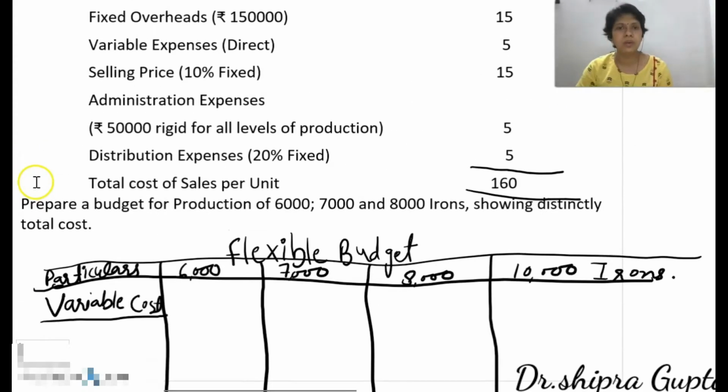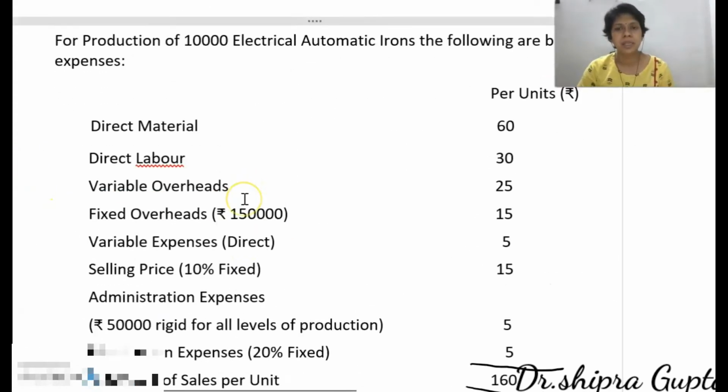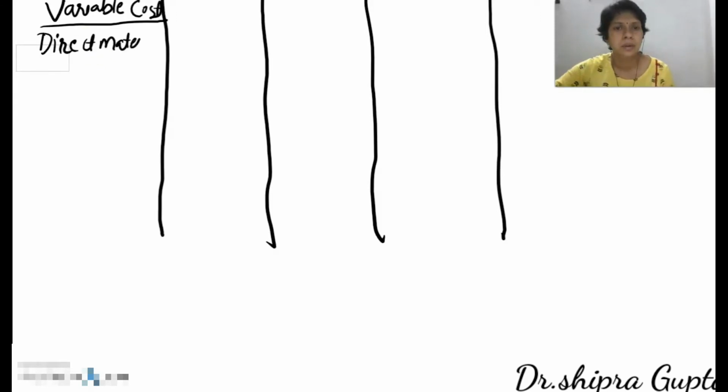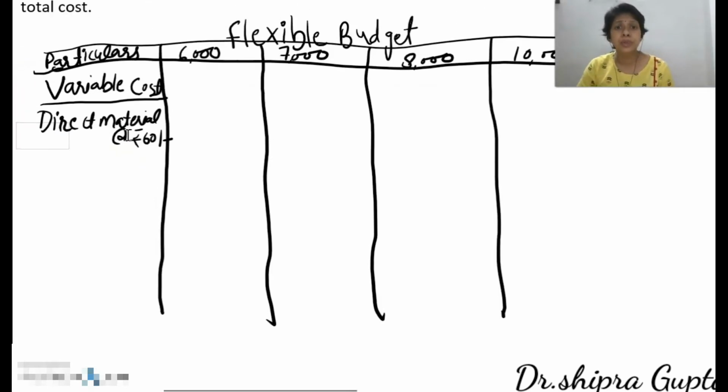So first we will take direct material at the rate of rupees 60 per unit. This is a variable cost, which differs from unit to unit.